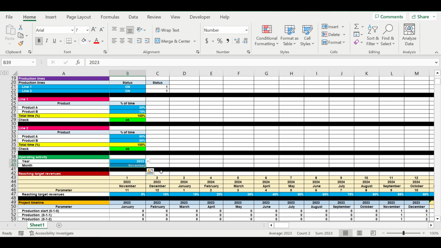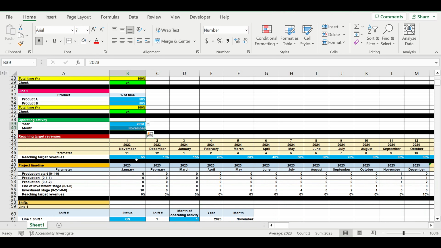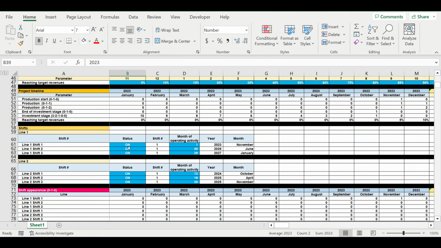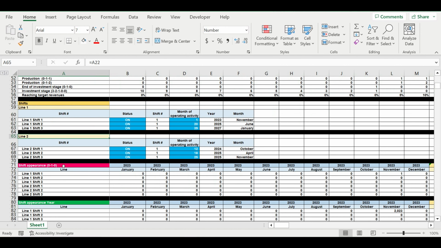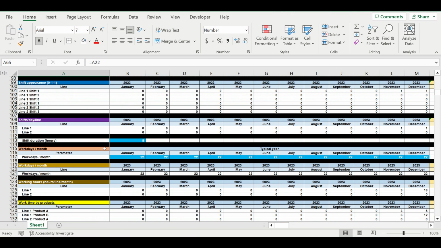Then we specify when we start operating activity, and how we reach the target revenues from that moment. Then we model the shifts for line 1 and line 2, the amount of hours in one shift, and how many work days we have in each month inside the typical year.